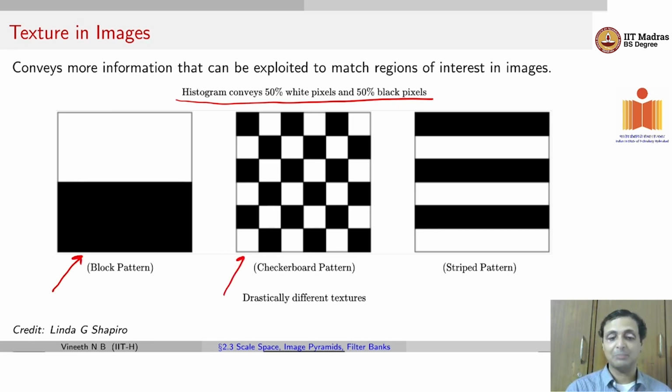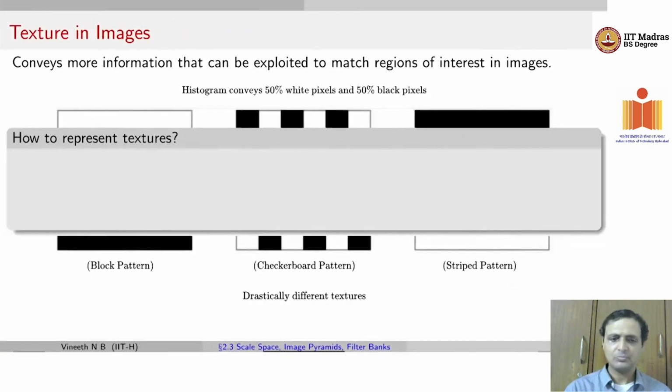You could have the image to be something like this, or you could have the image to be something like this. In all these 3 cases, the histogram contains 50% white and 50% black, but the textures are vastly different. So it's not only important to get global statistics, it's also important to get local texture information to be able to understand what is in images.